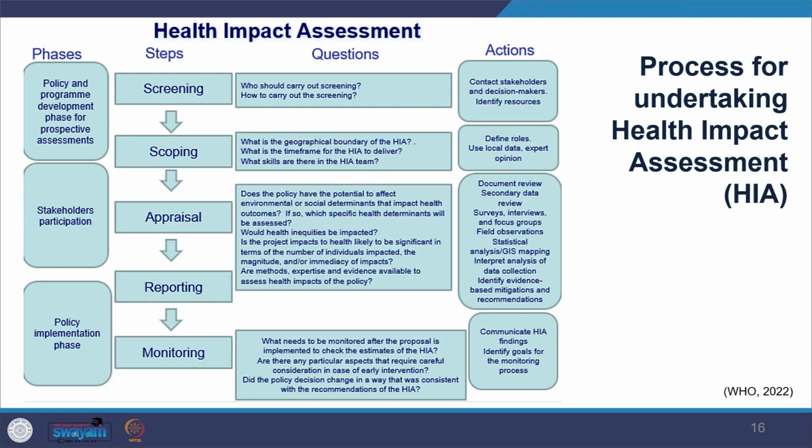In order to find those answers, you need to contact these stakeholders, and then in scoping you have to define roles and connect with experts. Then in the appraisal, you need to do a document review and look at all those things. And then at the last stage, you need to communicate about the health impact assessment.